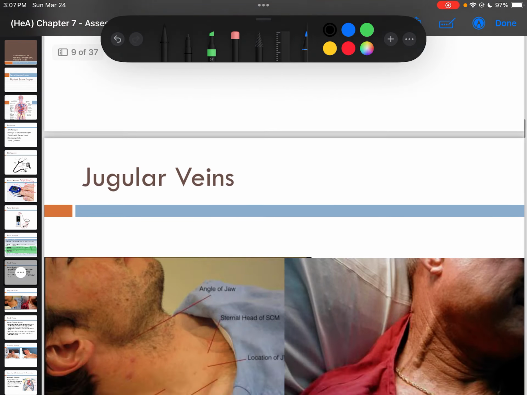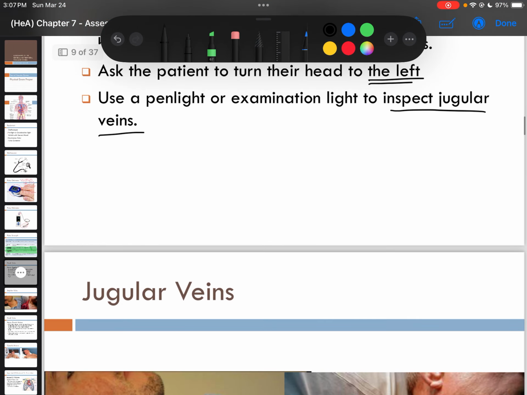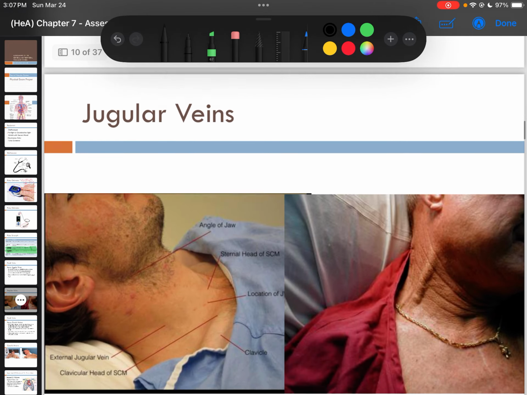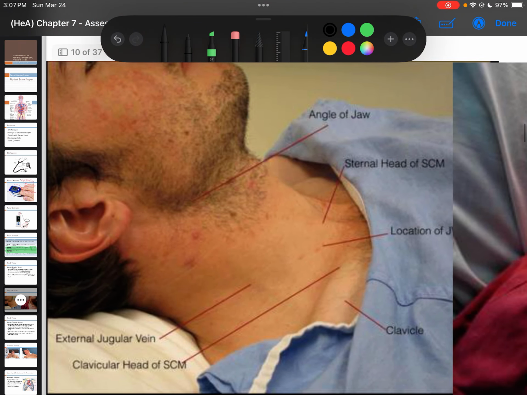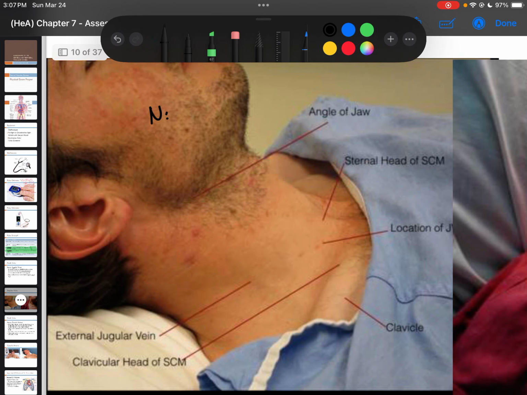Now class, it looks like this. Normally, the jugular vein is not visible when upright.